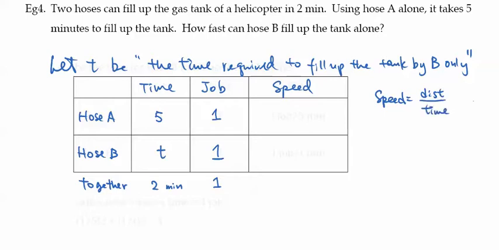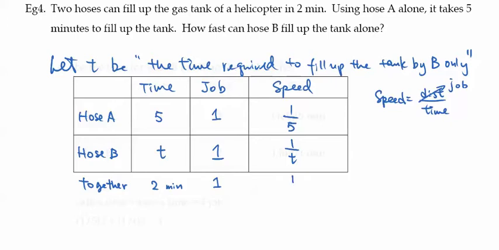But now, we don't have distance anymore. We have job. We're trying to get this one job completed in 5 minutes. And if I'm using the second hose, I will be able to complete this one job in 10 minutes. So that's the speed.